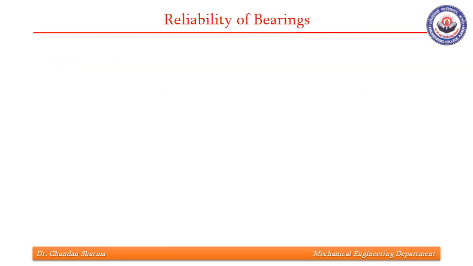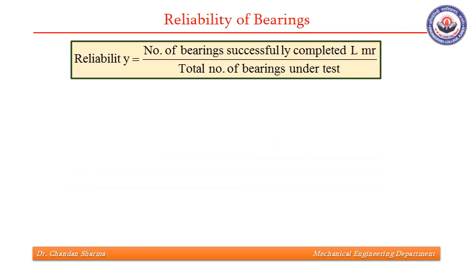One more situation will arise. Before that, let us define reliability of bearing. Reliability is defined as the number of bearings successfully completing L million revolutions upon the total number of bearings under test. So if it is 90% reliability, that means 90% of the bearings of the group have successfully completed L million revolutions life.